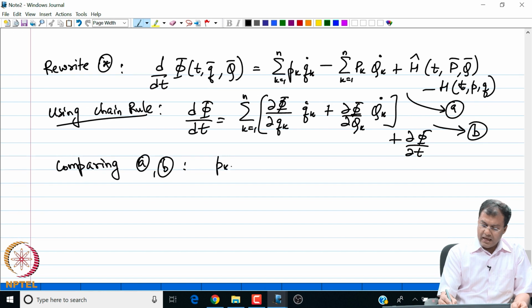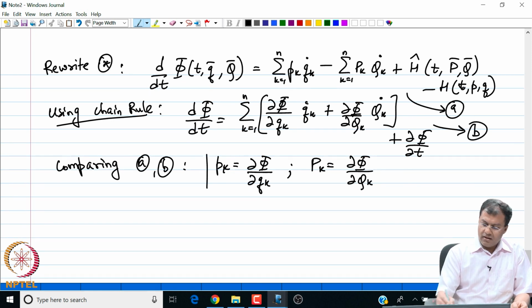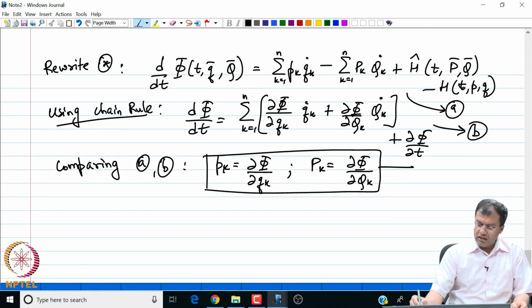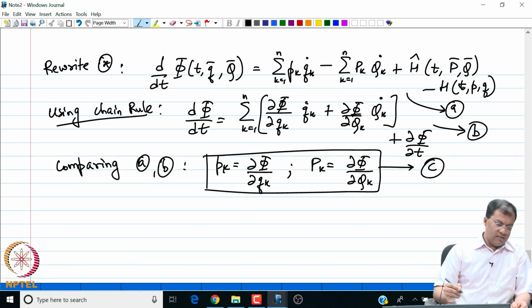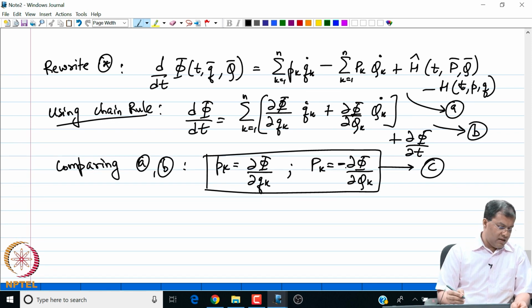I see that pk is partial phi partial qk, and capital Pk is partial phi partial capital Qk, and we have a minus sign also, so this will have a minus sign.